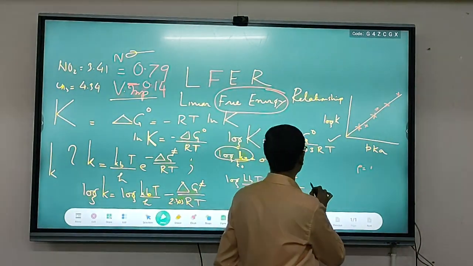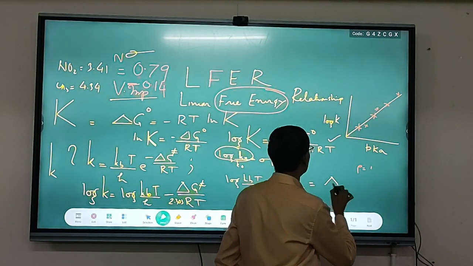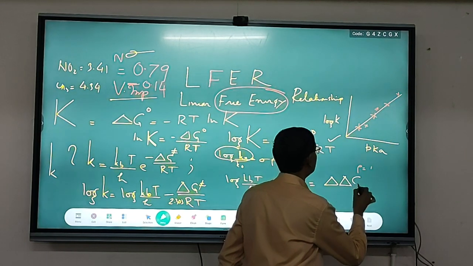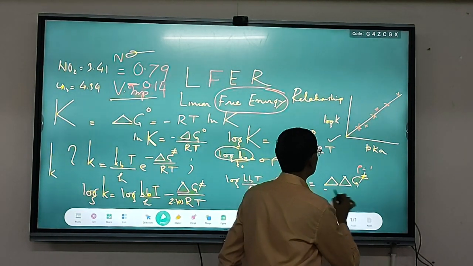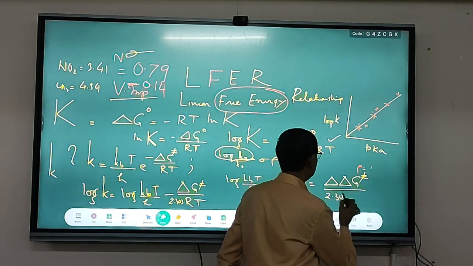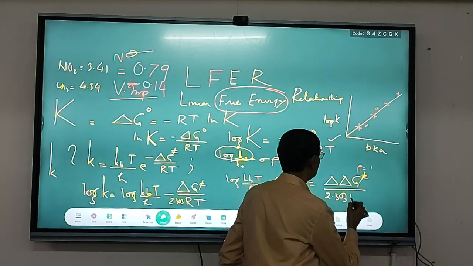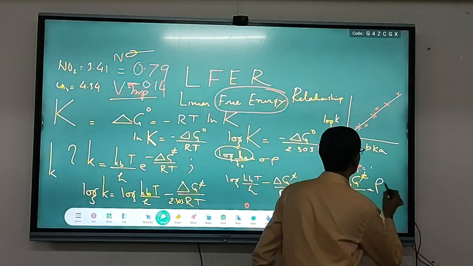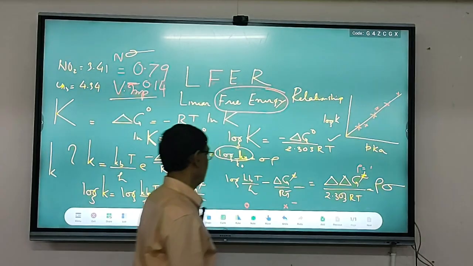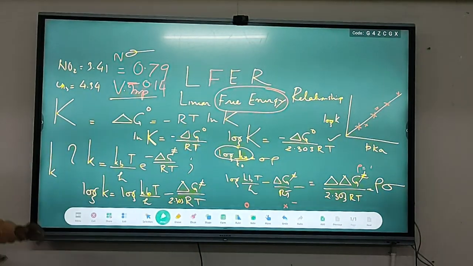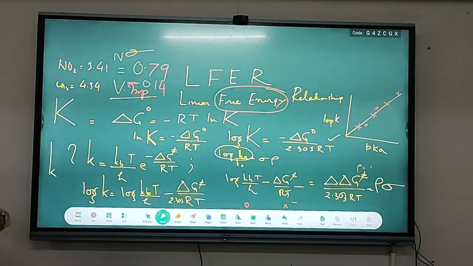If I compare it, it will give the delta H over 2.303 RT, the same thing. So, therefore it is called the linear free energy relationship.